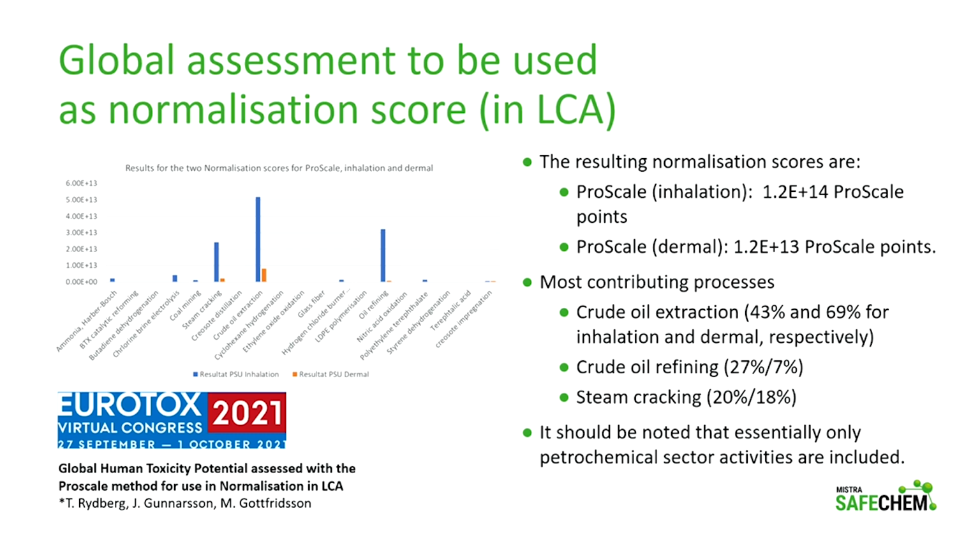That's an estimate of the global impact potential as expressed in ProScale units, because that's the sort of information that LCA practitioners typically want to use in their assessments, and especially if you are comparing one aspect with another, you may find it useful to have an external reference, in this case an estimate of the global impact in your specific impact category to compare with for the different impact categories.